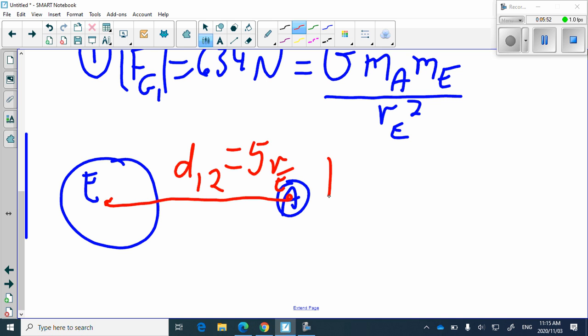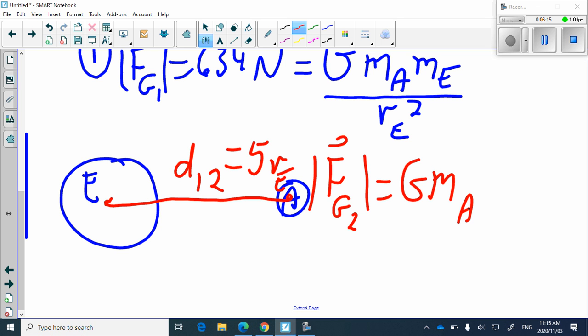So we would say, okay, and we're only interested in the magnitude. Force of gravity in this second situation, look how I'm calling it force of gravity number 2, is equal to big G, the universal gravitational constant. Well, what are the two objects involved? That hasn't changed.